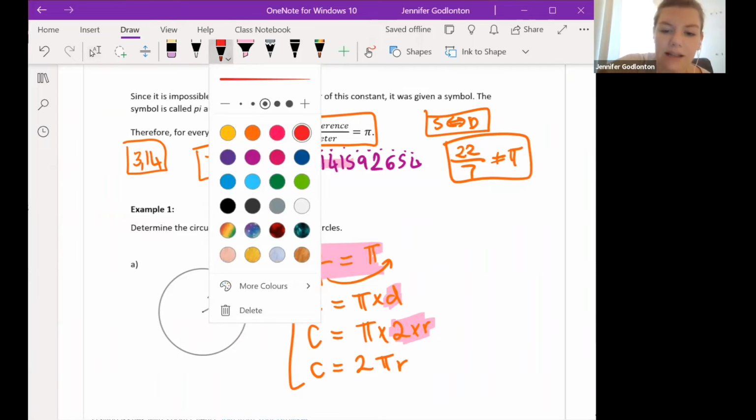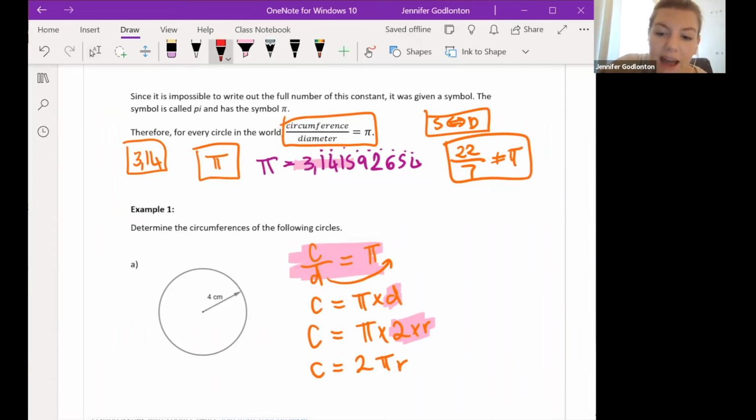So what's happening in the second line over here is when we have one diameter. So if I had a diameter like that, okay, that's my diameter. That's equal to 2 of my radiuses, radii. So 2 radii gives me 1 diameter. So like in this circle over here, my radius is 4, and so my diameter would be 8, right?